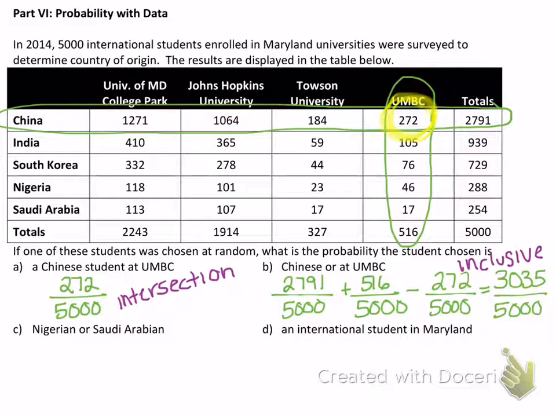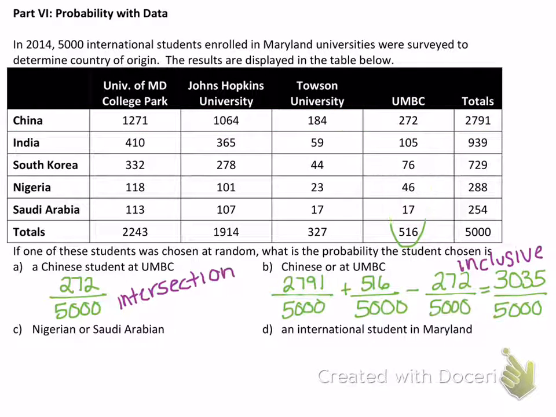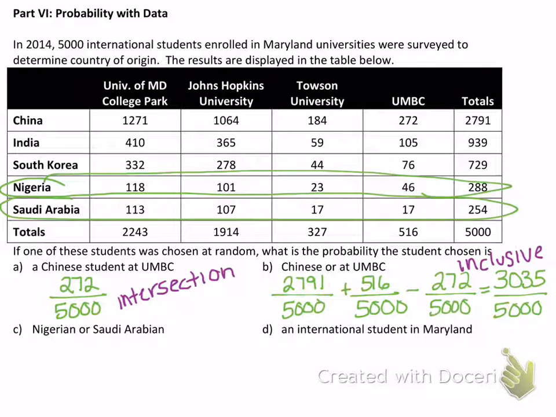Okay, and then the events of being Nigerian or Saudi Arabian. Those are two separate things that we're talking about. They're completely separate. There's no overlap. Completely different nationalities.